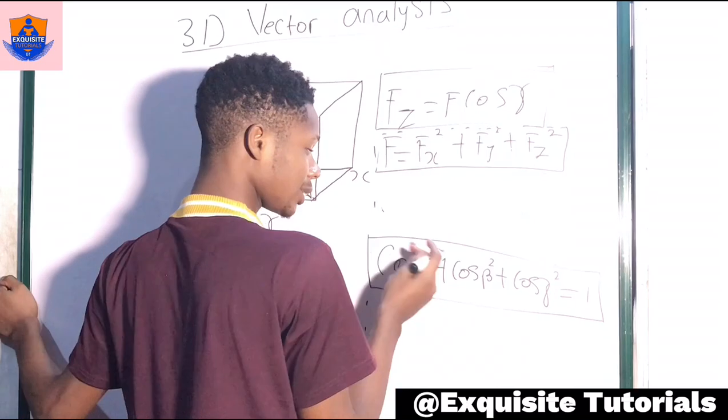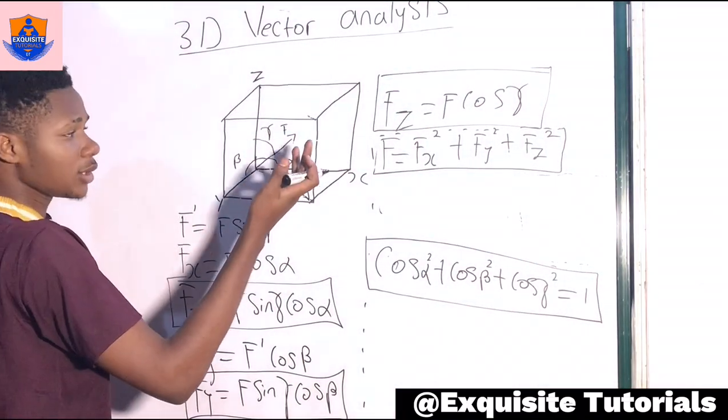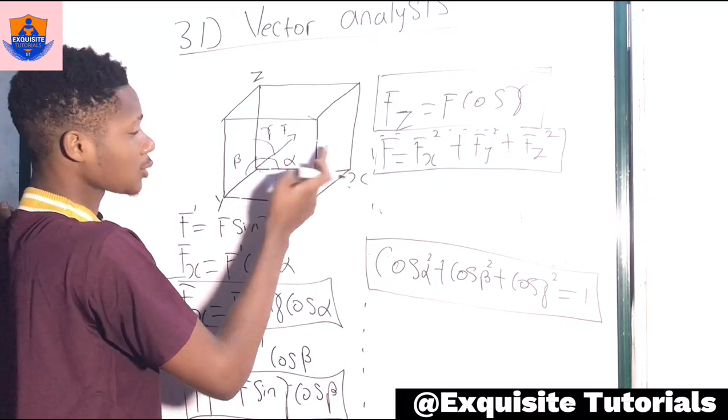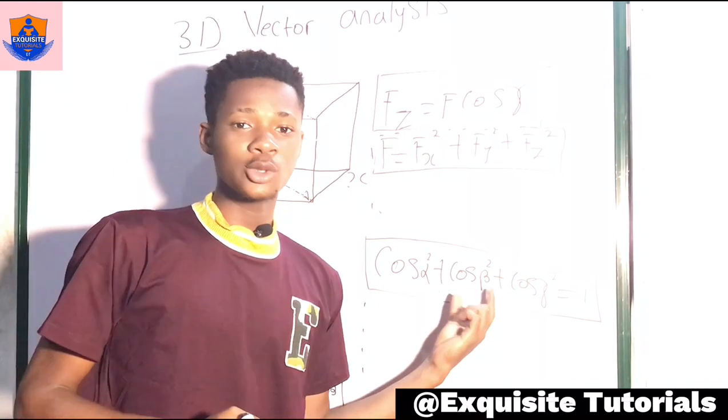So this is a general formula that connects the angle or the relationship between these three. So if, for example, we are given a vector that has y but doesn't have an angle to the z-axis, we can just make use of this formula to solve for it.